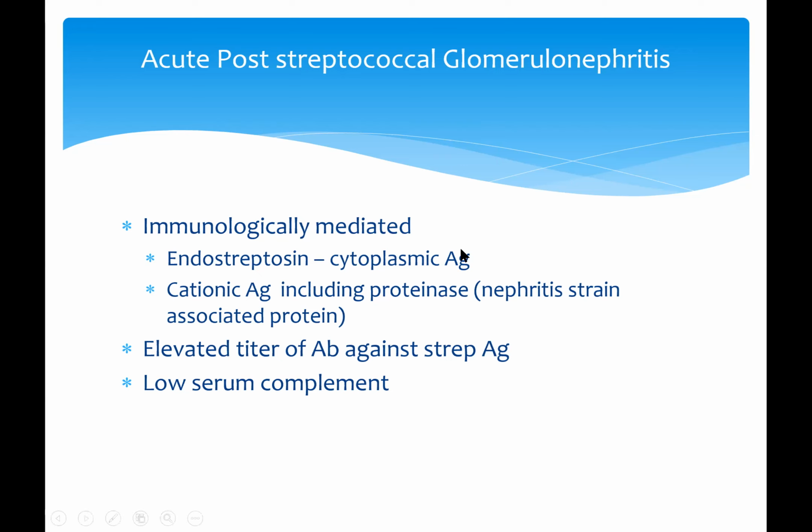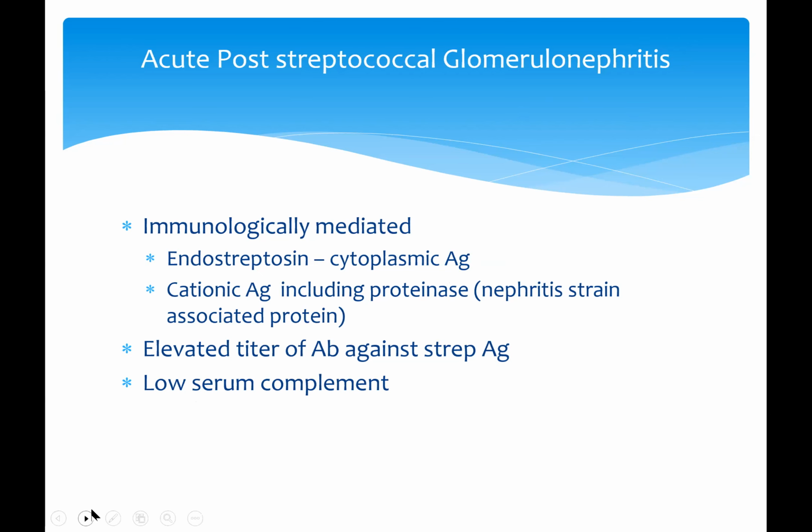The titers of antibody is of course directed against the streptococcal antigen. If you assay the serum complement, it is expected to be low. This is compatible with activation of the complement system and consumption of complement components.